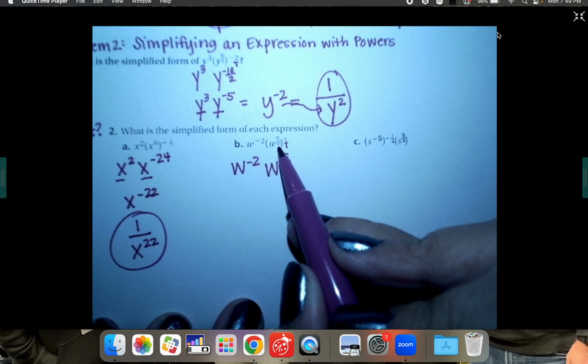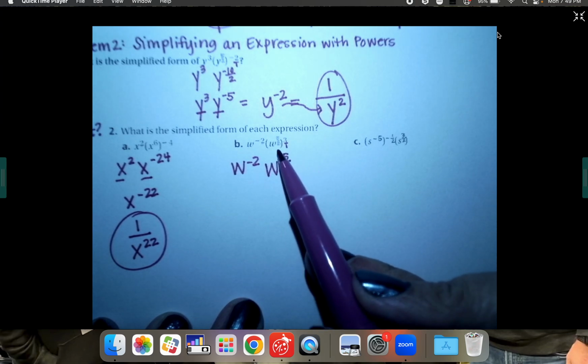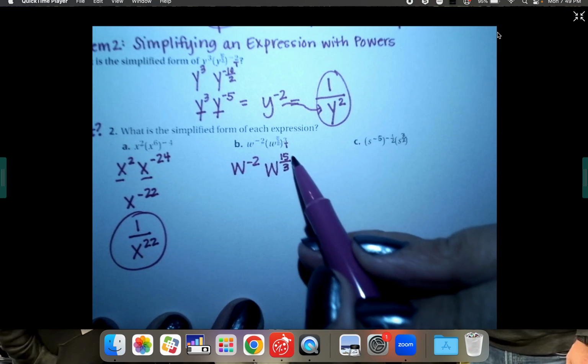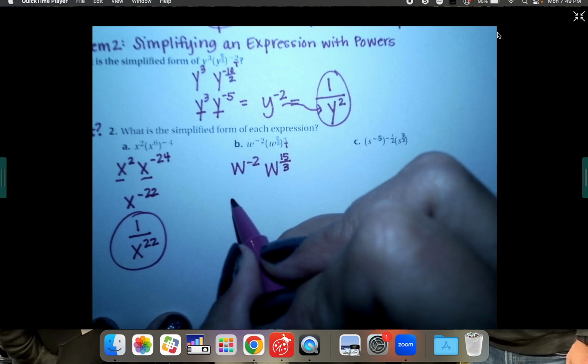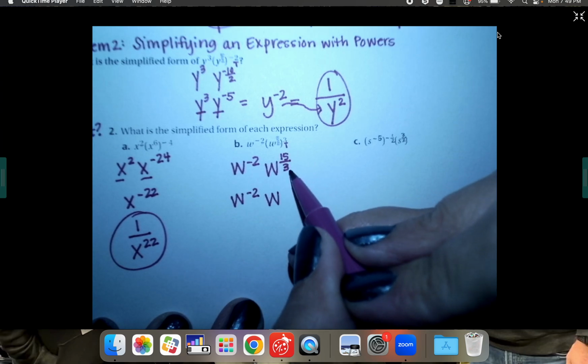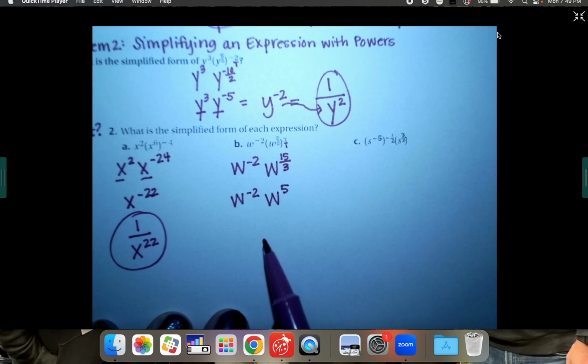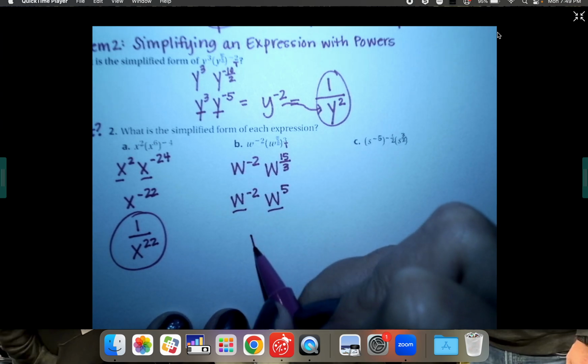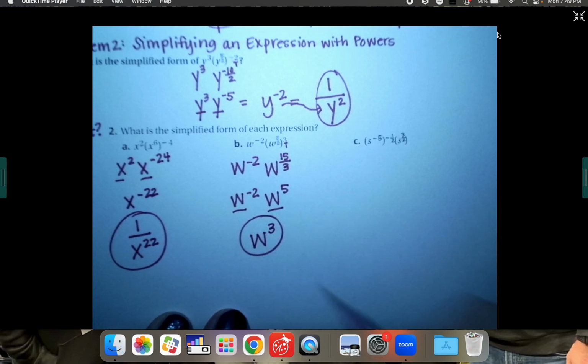And the bottoms are 3 times 1, which is 3. Okay, let's simplify that. So we still have our w to the negative 2, and this is going to be w to the 15 divided by 3, which is 5. All right, now they're the same base, so we can add negative 2 plus 5 is 3. W to the 3rd power.